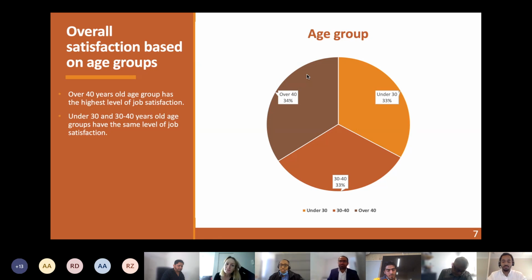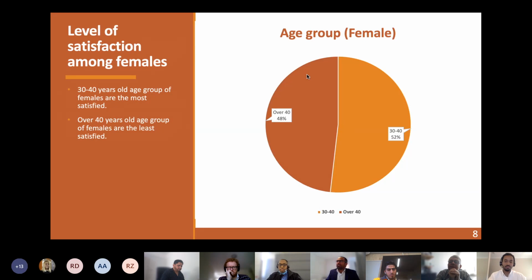Thanks, Abdul Nasser, and thanks, Mohammed. Thanks all for having us today. So as you saw, the overall level of satisfaction belonged to the age group over 40 years old. However, for females, the highest level of satisfaction belonged to the age group of 30 to 40 years old, and female candidates showed less satisfaction in the age group over 40.